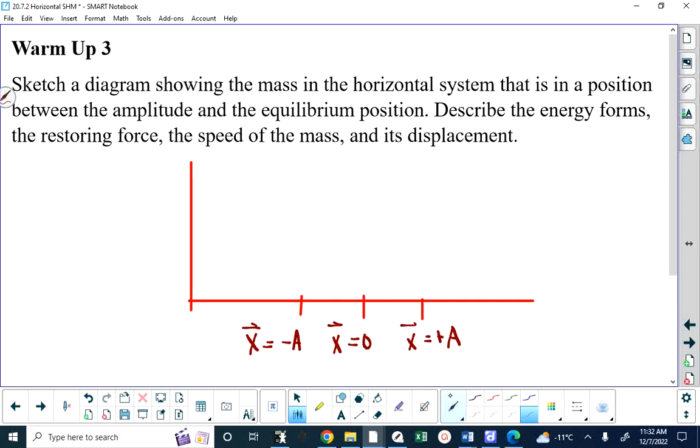But in between, where x is between A and 0, it's not stopped and it's not in the middle moving as fast as possible, so what's important is there is spring potential and kinetic energy. I almost said spring potential and spring kinetic. There's no such thing as spring kinetic. Kinetic is kinetic.